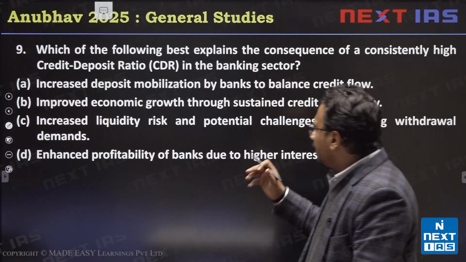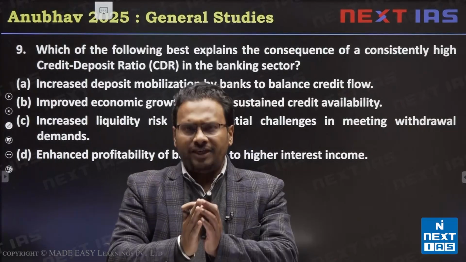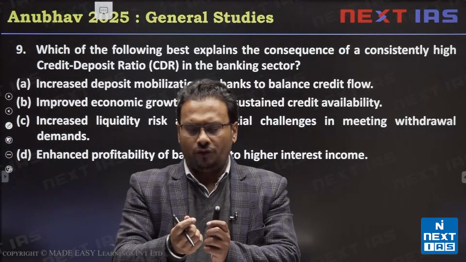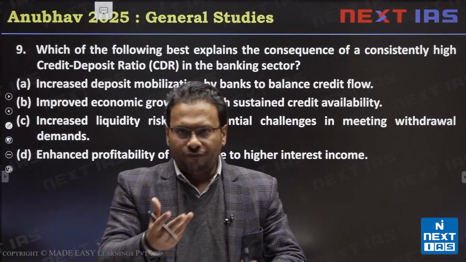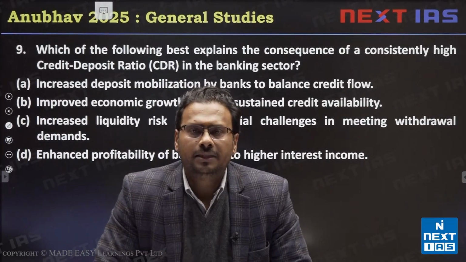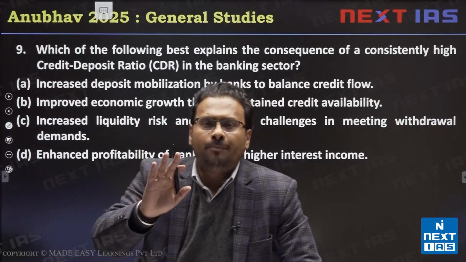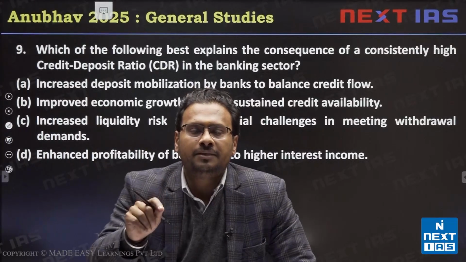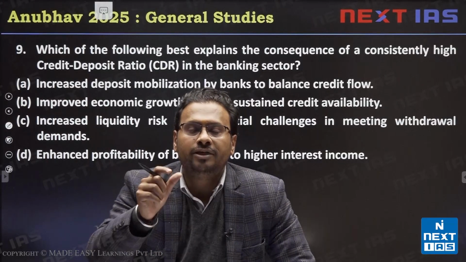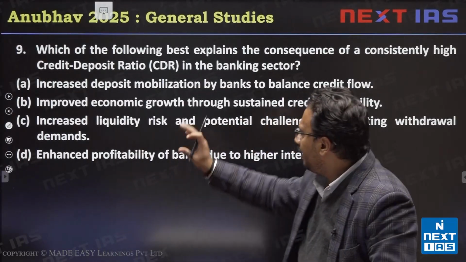If I talk about the credit deposit ratio, on a very factual part, it talks about the bank's ability to lend. Say the credit deposit ratio of a bank or a banking system is 75%. That means the bank has the capacity to lend 3/4 of its total sum of money, right? This is a very basic part.